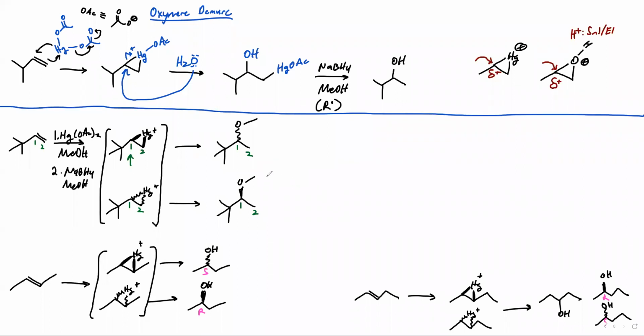So just like with epoxides, as long as we have an electron source, some kind of nucleophile, these reactions should work. Sorry, this should be S. This should be R. Yeah. As long as we have some kind of nucleophile in solution, any source of electrons, really, this reaction should work.